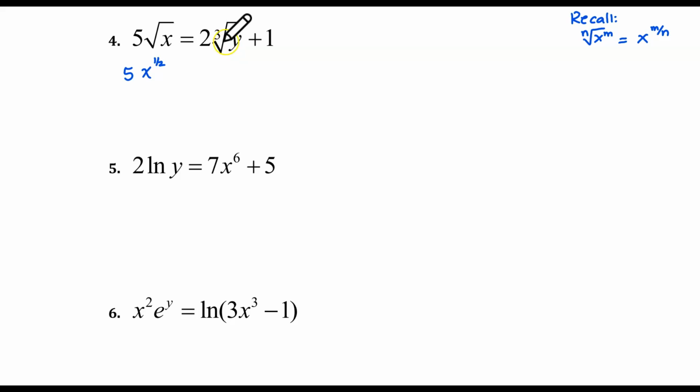Similarly, for cube root of y, copy 2 first, and then for the cube root of y, you have y to the, now the power inside is 1 because you don't see anything. So 1 is the numerator, and the denominator is the index, 3, plus 1.